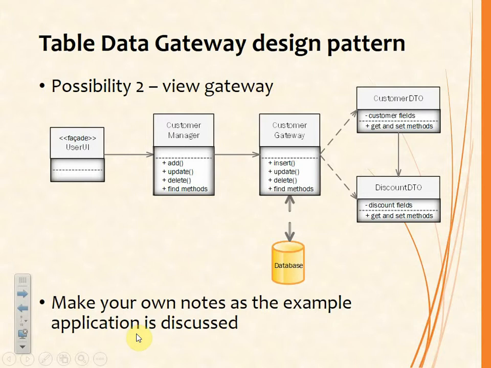And then we'll construct a customer DTO object and a discount DTO object and set up the association and return a reference to the customer DTO, which now holds a reference to the discount DTO as well. So you've got a couple of possibilities there. You can choose to go one way or the other.